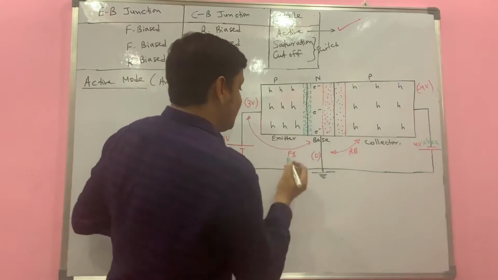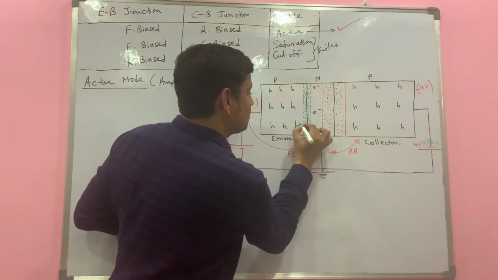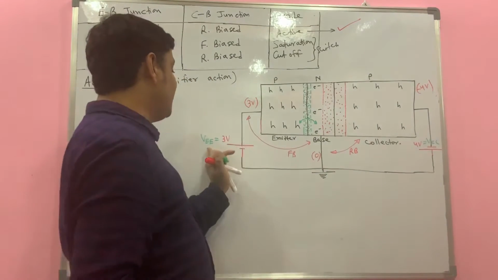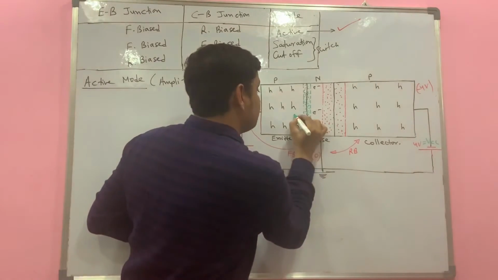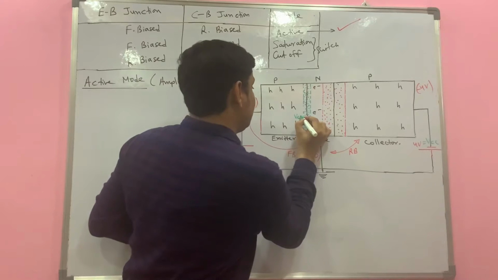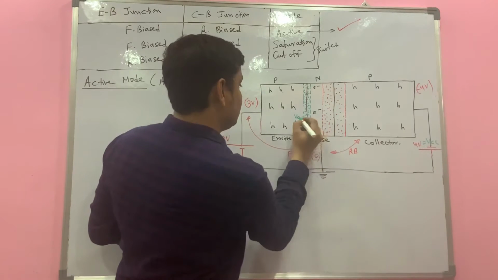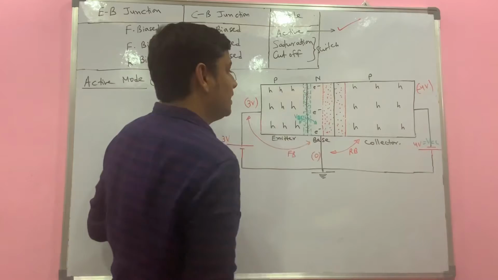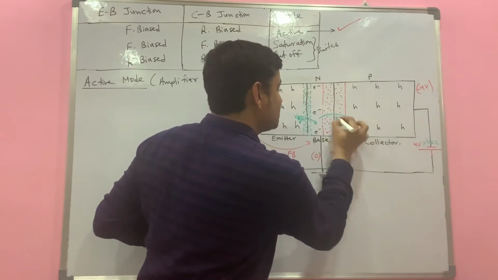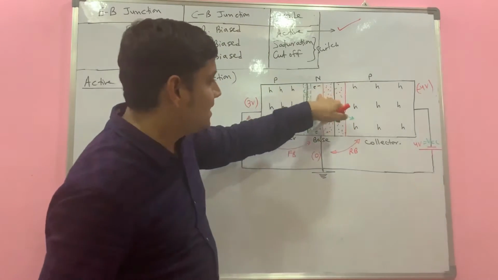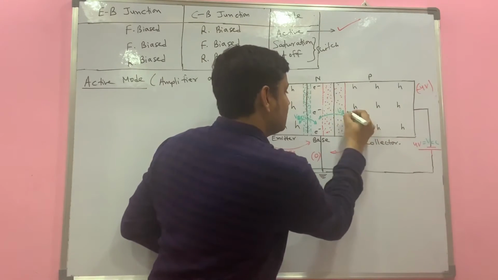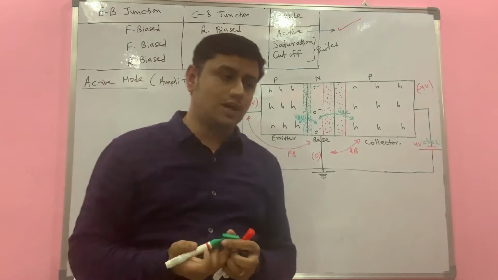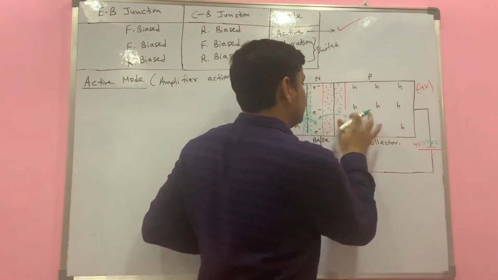That would be called VBE, and the potential difference between base and collector would be called VBC, or VCB. You can take VCB.